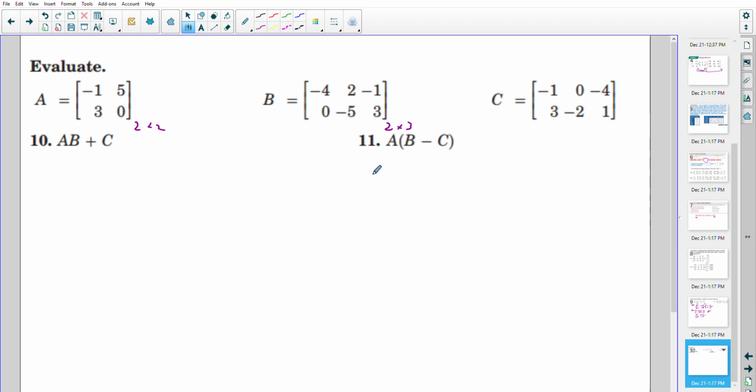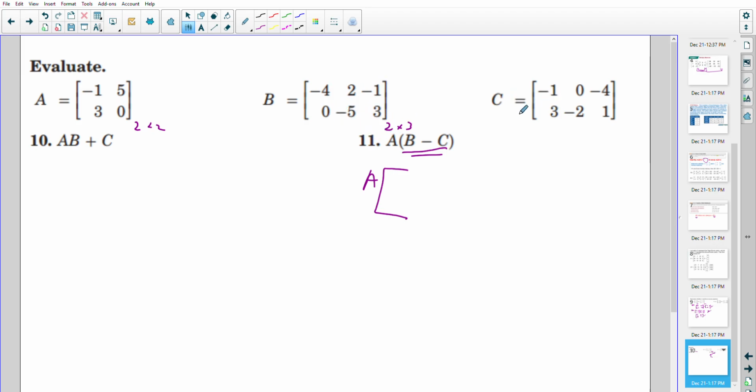When you do 11, the first thing you're going to want to do is do the parentheses first. So it's B minus C. Therefore, it's going to be A, and now I'm just going to be subtracting these elements off of these elements.